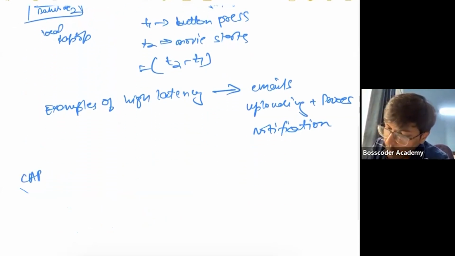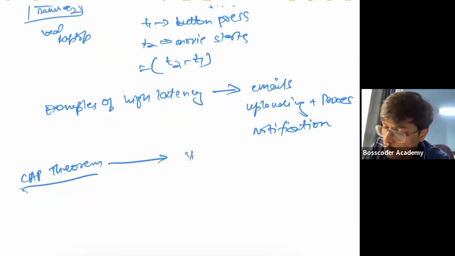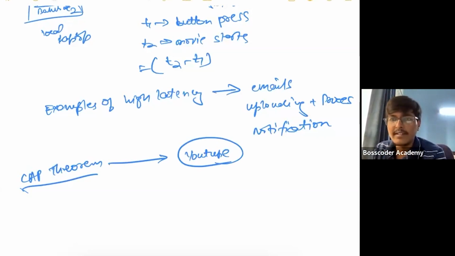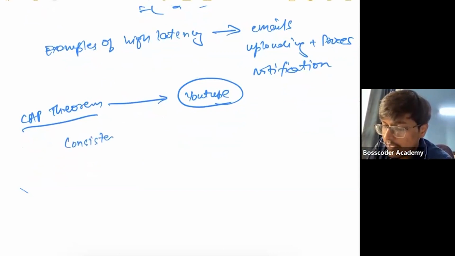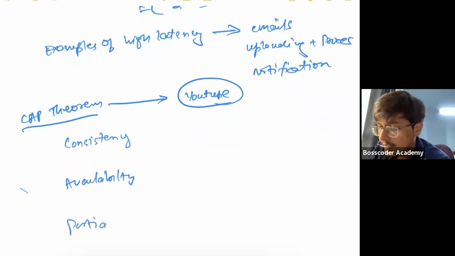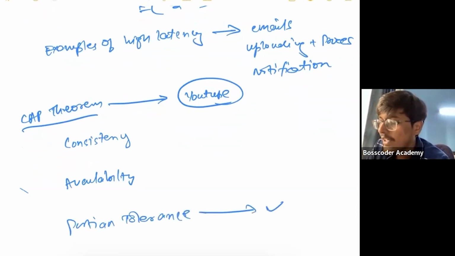Let's move to CAP theorem. I will not discuss CAP theorem here. If you don't know it, go to YouTube and you will find a lot of material. It is very basic system design, and you will find it very easy. What do you want out of consistency versus availability here? You definitely want partition tolerance, because every distributed system has to be partition tolerant.